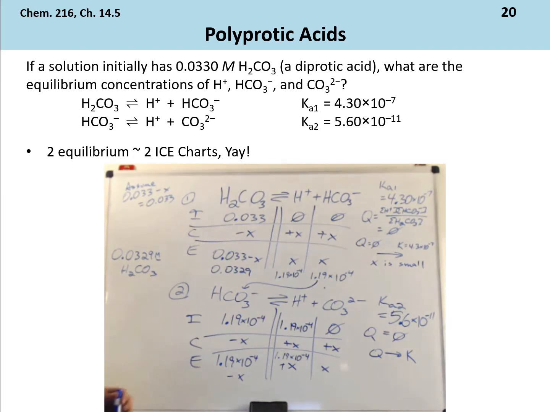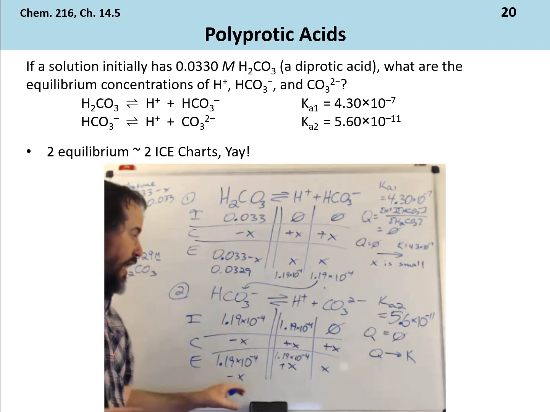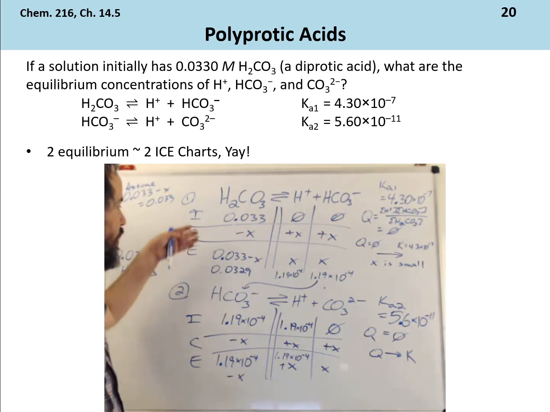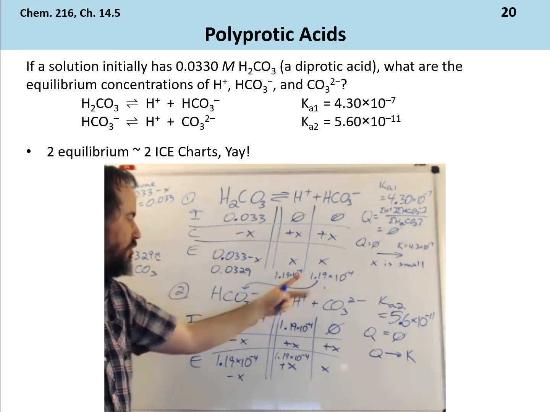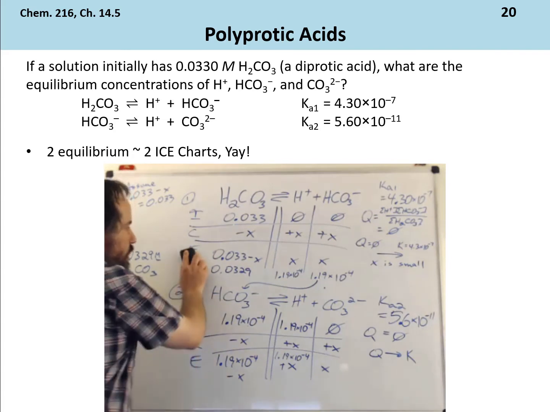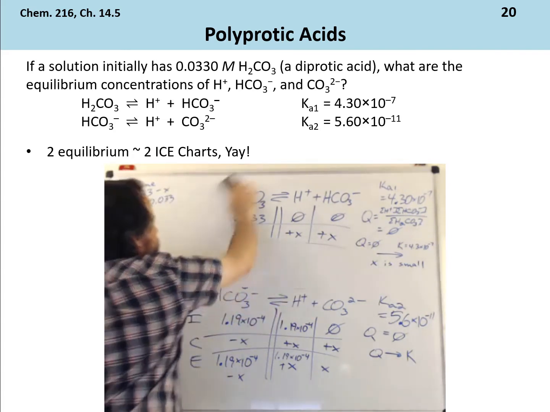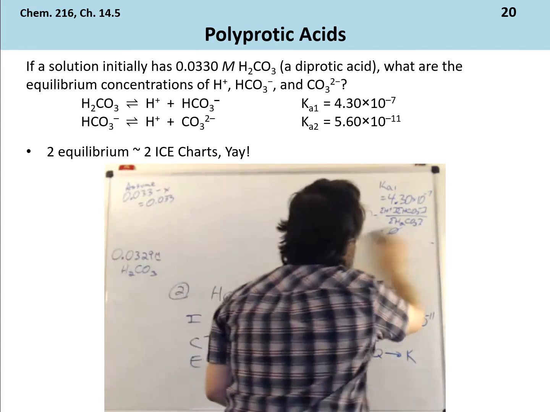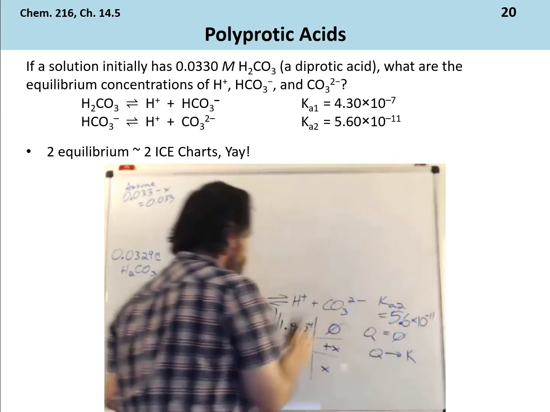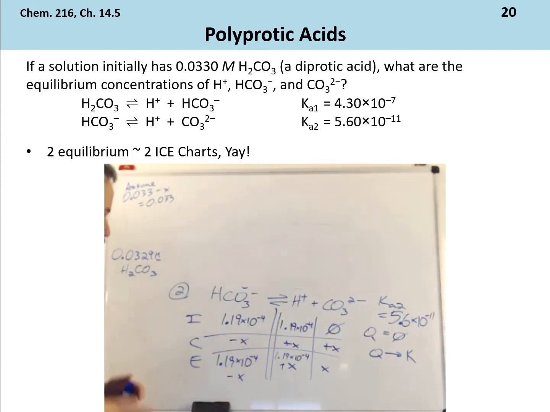Now I can go on to my next step, right? So I do ICE table 1. I then plug in my answers into this one. I'll show this again on the screen so you have it.